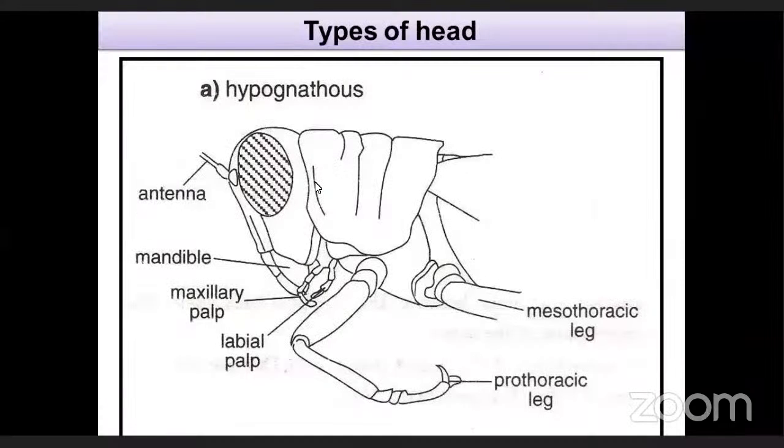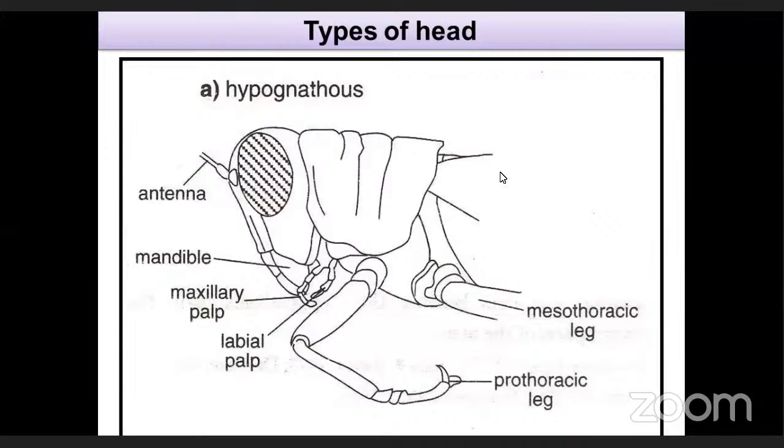So head means right angles, but don't confuse mouth parts with this terminology. Sometimes they will ask about mouth parts with legs, which are only parallel to each other. Parallel means there is no right angle. But in the case of the head, it is at right angles to the body.